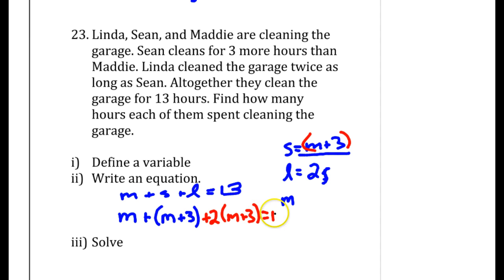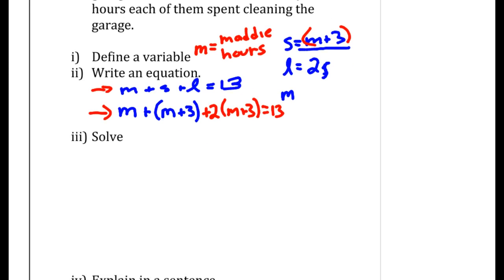And all this equals 13. So you can see my variable is Maddie, the hours that Maddie worked. So I'm going to write Maddie hours. Okay. Key thing here is that you can start here, but your equation that you want to reach has to have only one variable. Then we can go ahead and solve that.